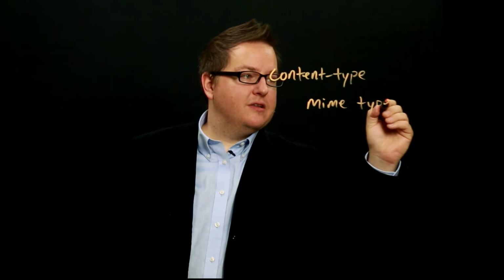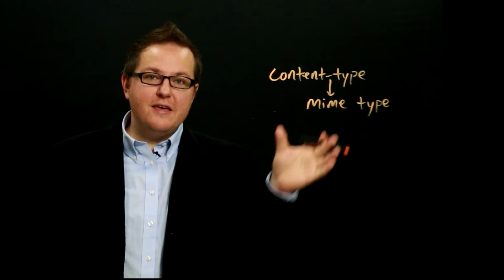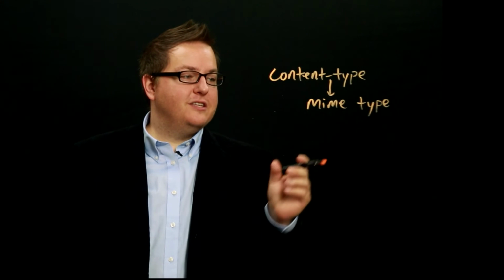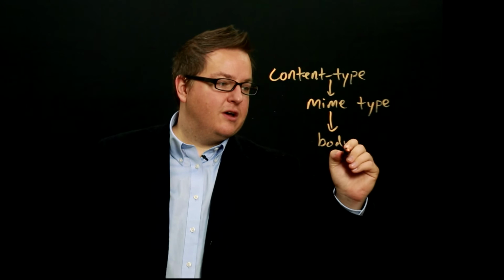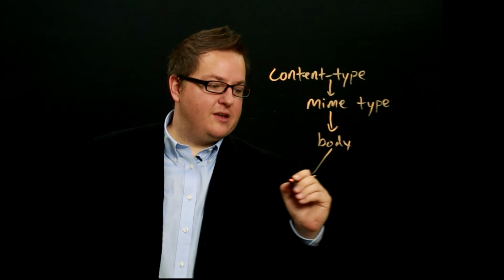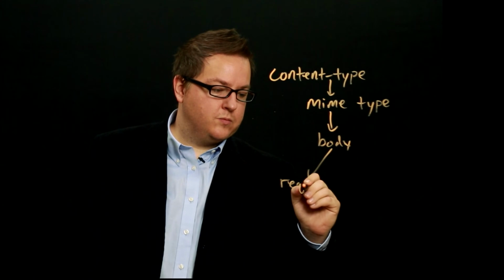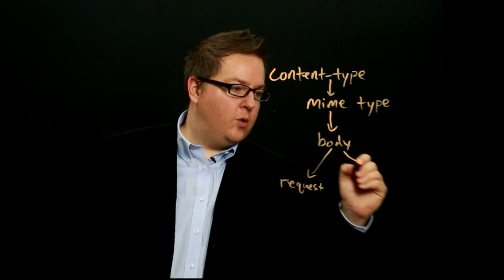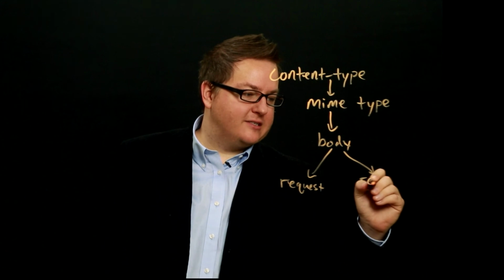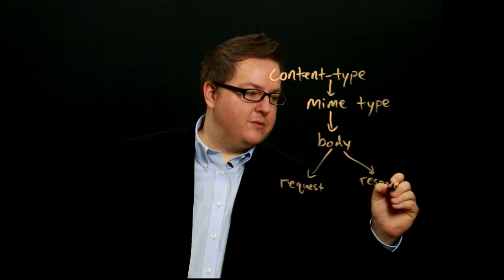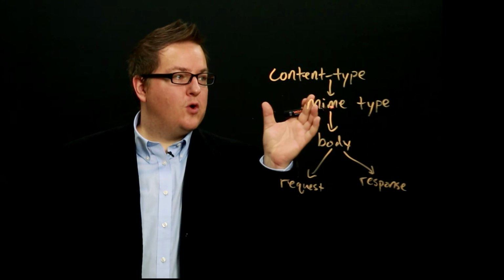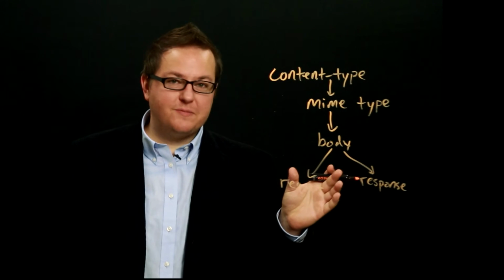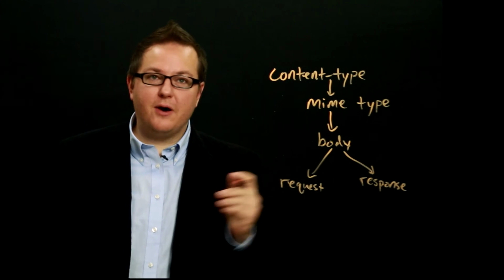So the content type communicates the MIME type that's associated with the body of either a request or a response. We can use the content type header in both request messages and response messages that include a body.